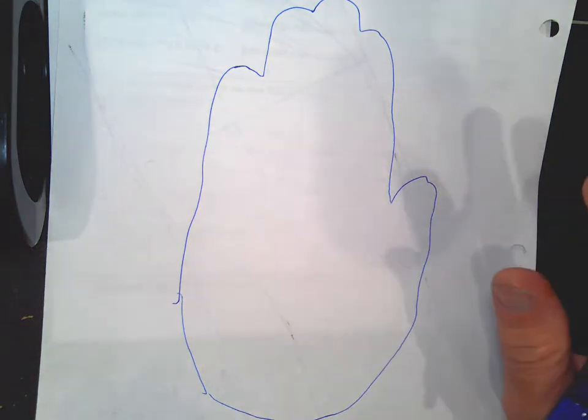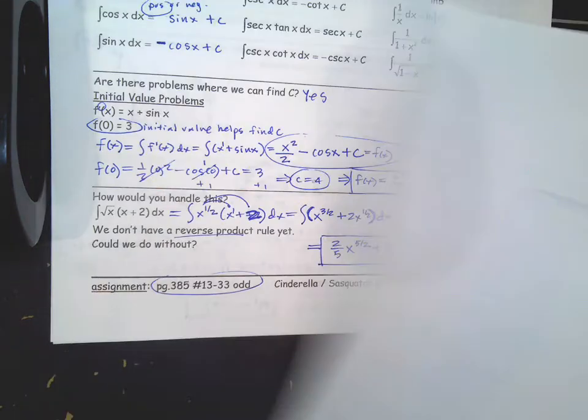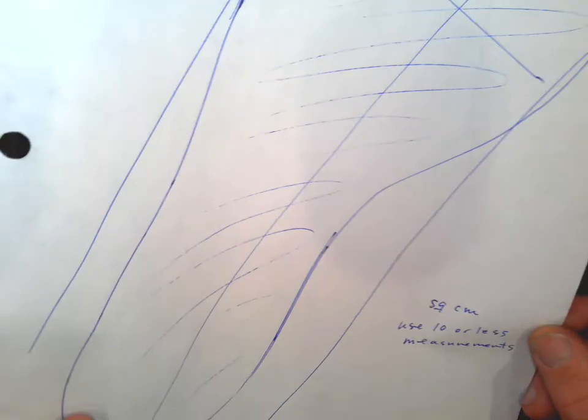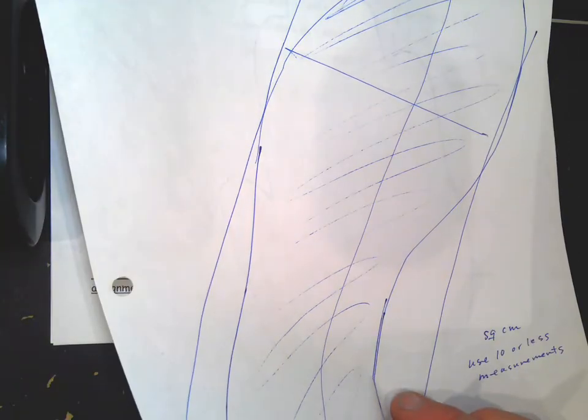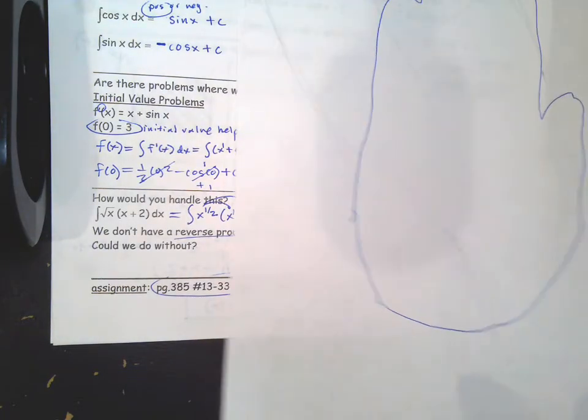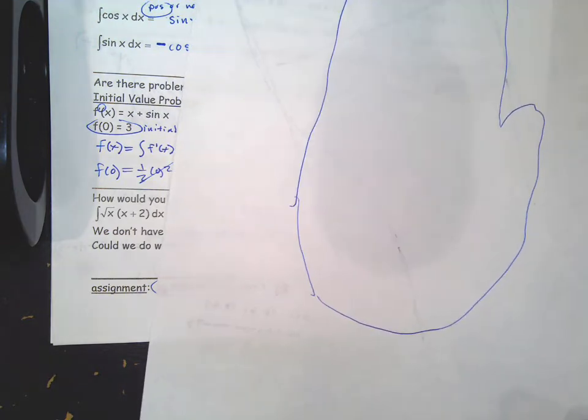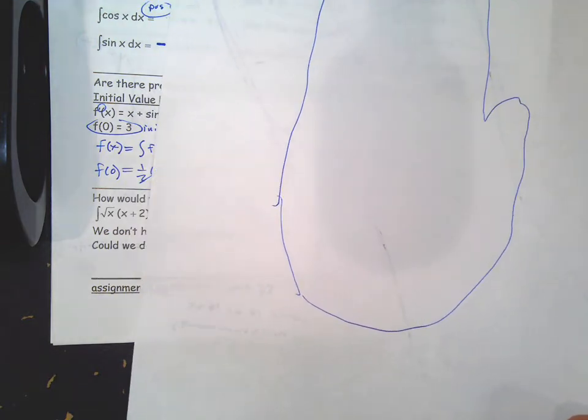Now, the way I want you to do it is I want you to cut it up into different kinds of shapes. I want you to try and use maybe 10 shapes or less, or 10 measurements if possible. So you can get better or worse estimates for the area depending on how you attack this. You could use circles or rectangles or triangles or trapezoids or any kind of shape that you can find the area of.